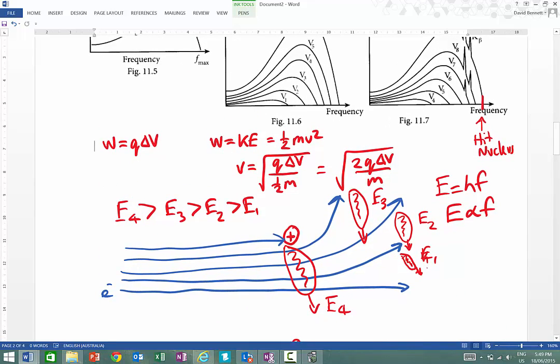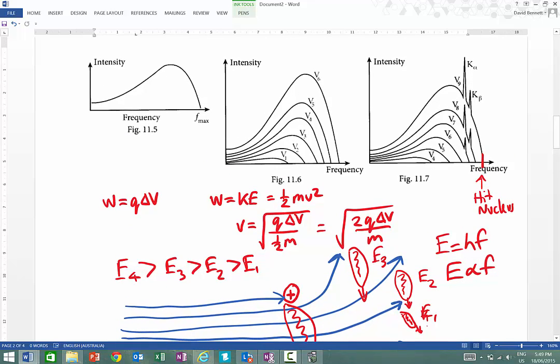As it is at any distance from the nucleus, it's going to produce a different energy X-ray, and that energy relates to the frequency. So we're going to get a continuous frequency range of X-rays being produced. The voltage just changes the maximum frequency that you would produce, because the electron will be moving faster, so therefore it can lose more energy, can't it?